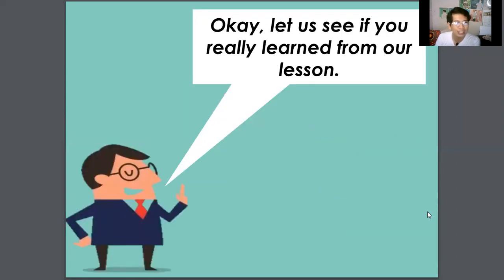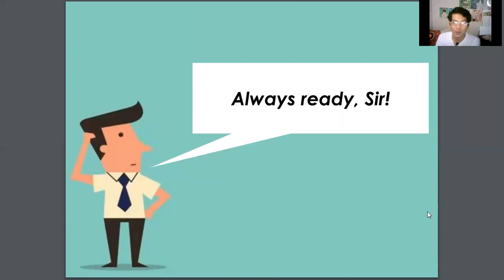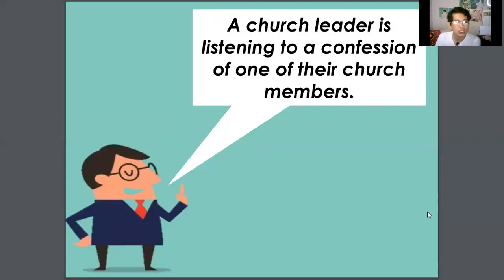Okay, let us see if you really learn from our lessons. I'll be showing you some examples. Okay. Identify which level of listening is described on the following situations. Are you now ready? Okay. Always ready, sir. Kausap ko lagi sa sarili ko. Okay. So, a church leader is listening to a confession of one of their church members. What do you think is this type of listening?